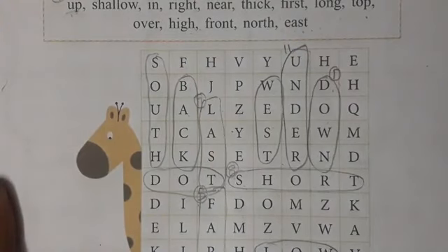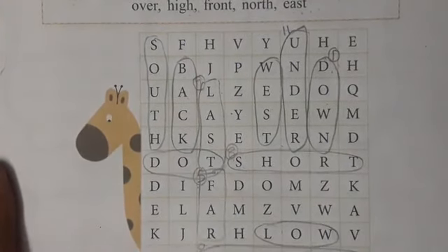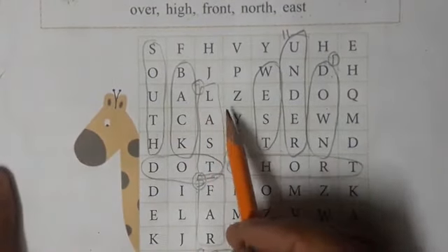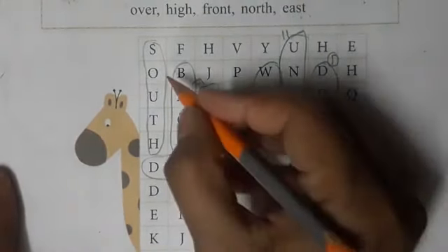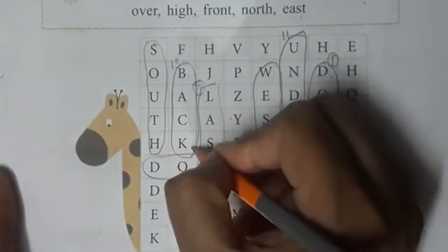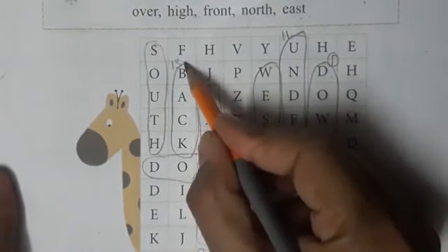For high, the opposite word will be low, L-O-W. Low. So we will write 12 over here. Next word is front, F-R-O-N-T, front. And opposite for front is back, B-A-C-K, back. We will write 13 over here.